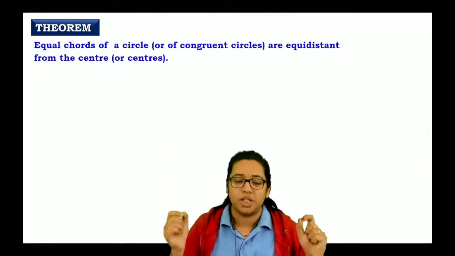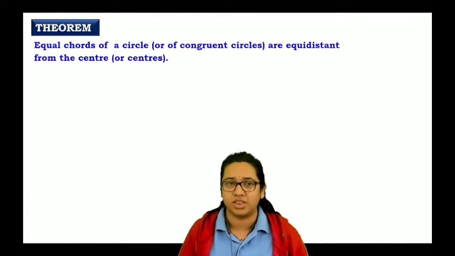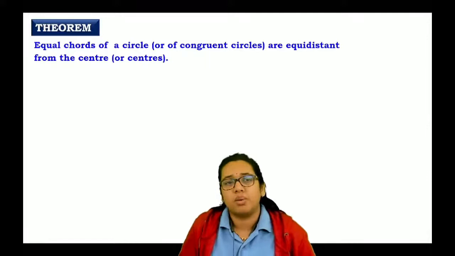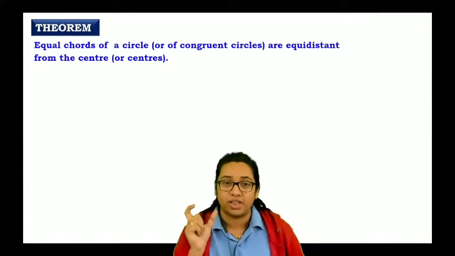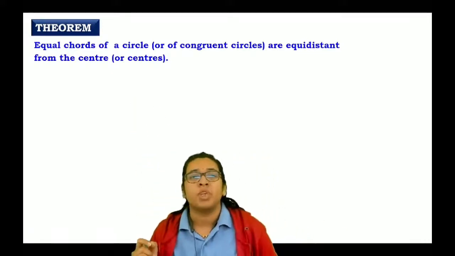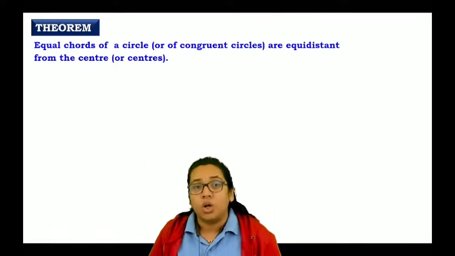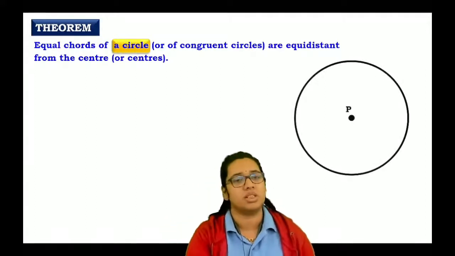A chord is nothing but a segment joining any two points on the circle. We are talking about equal chords of a circle. If the lengths of the segments are equal, then we say they are equal chords.